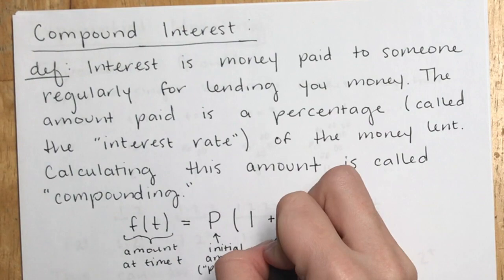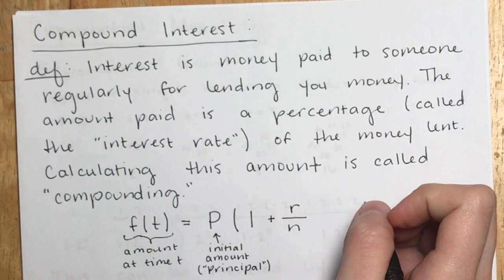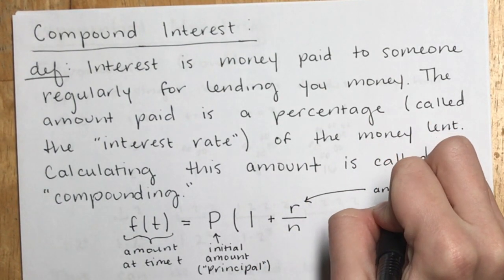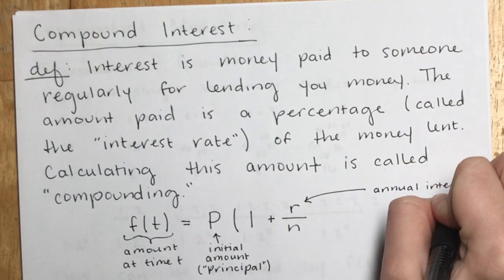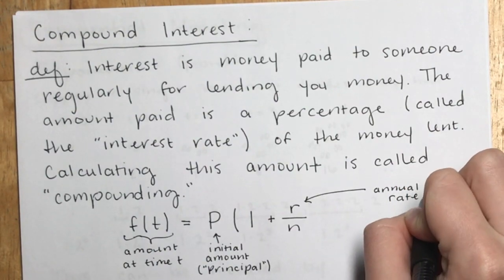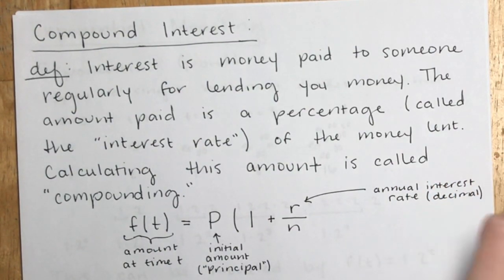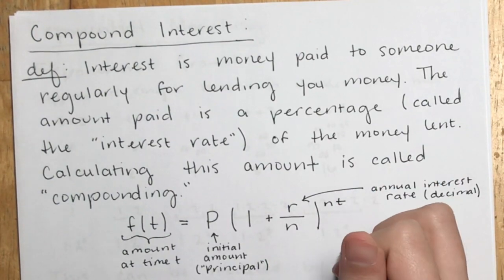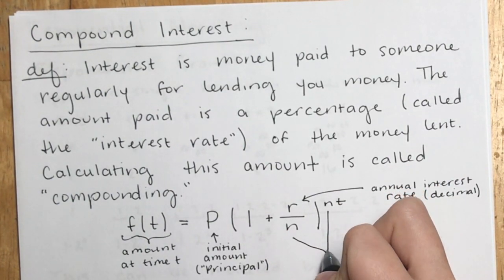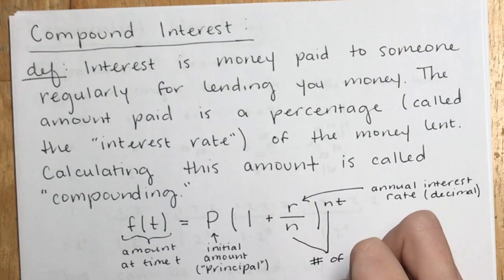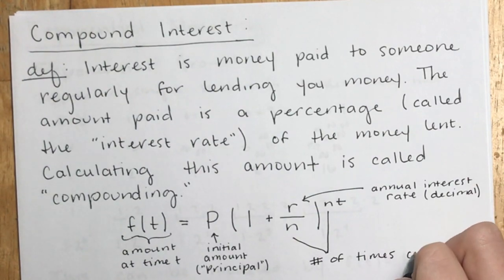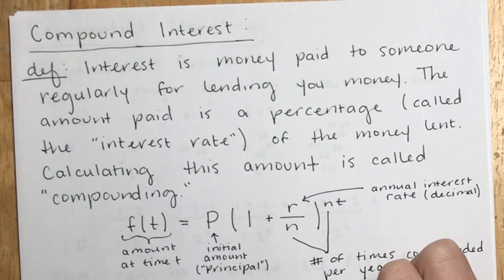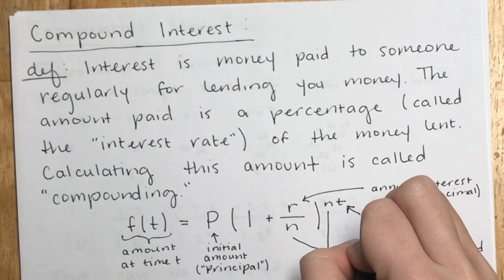So 1 plus R this time over N. Here, R is the annual interest rate, and we want to make sure that it's a decimal. N is the number of times compounded per year. And T is the time in years.